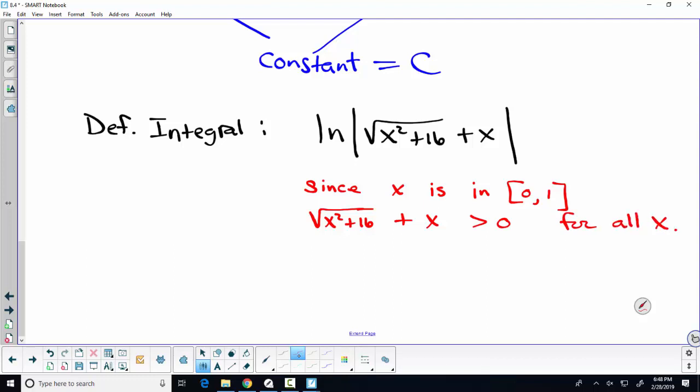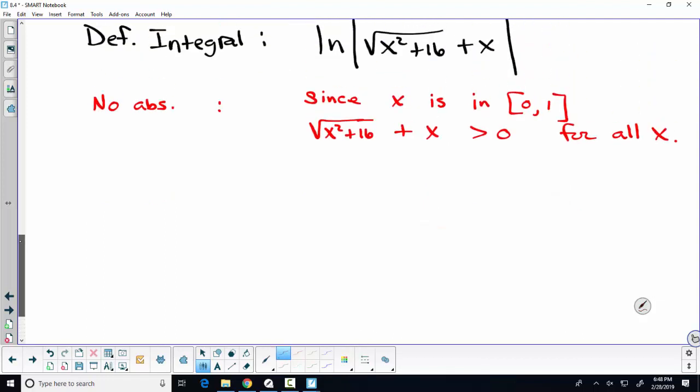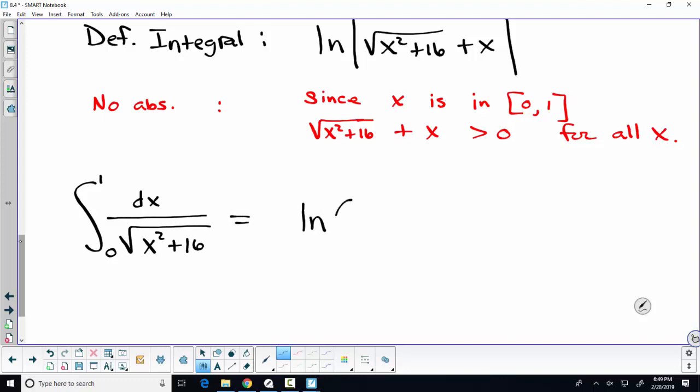We don't need the absolute value bars. So let's rewrite this. The integral from 0 to 1 dx over the square root of x squared plus 16 is the natural log of the square root of x squared plus 16 plus x, evaluated from 0 to 1.